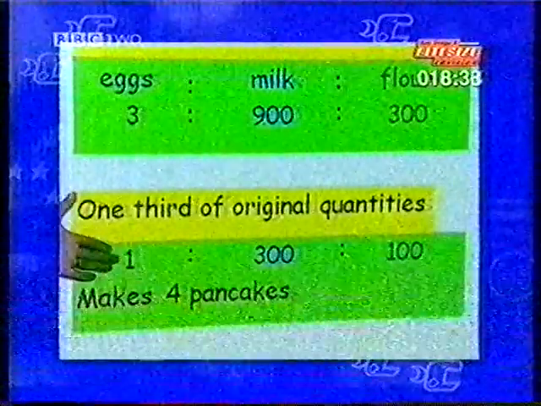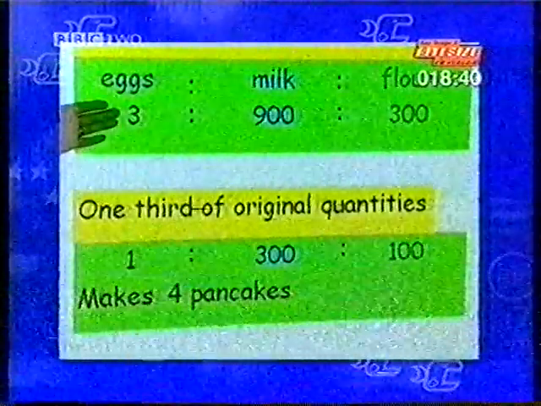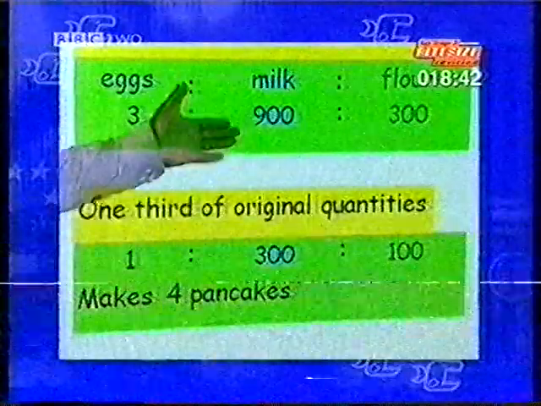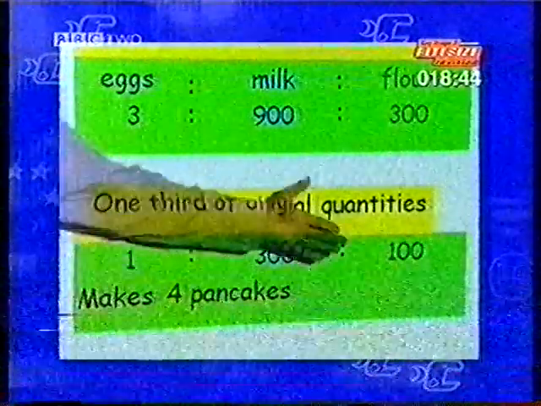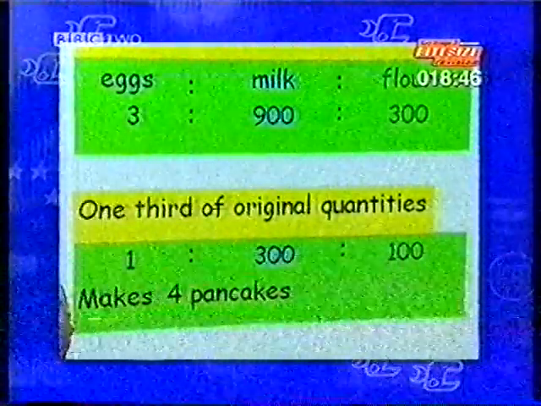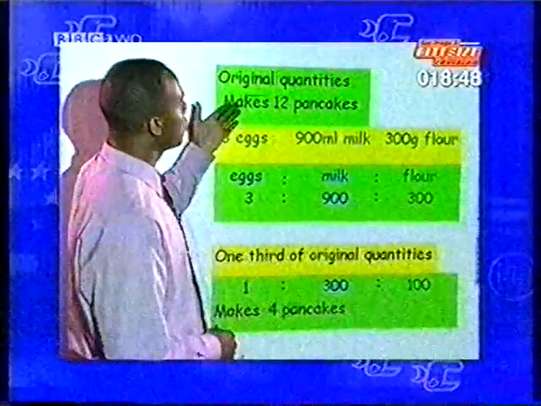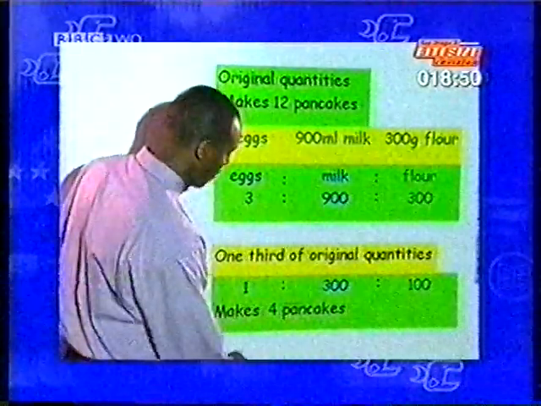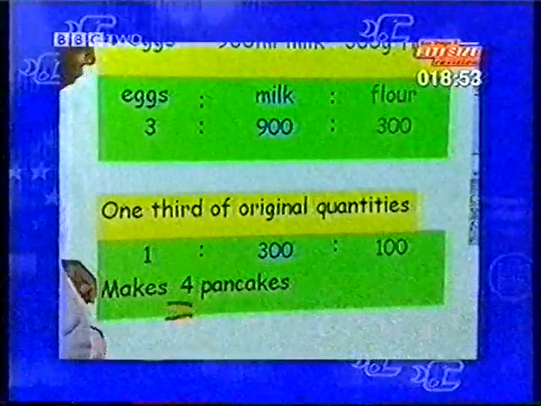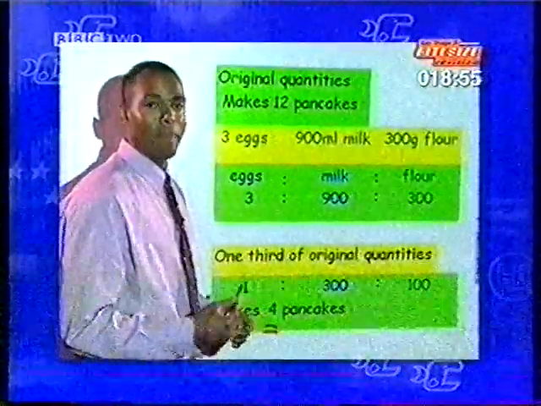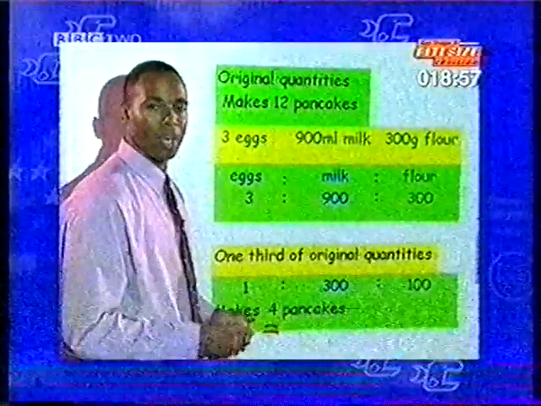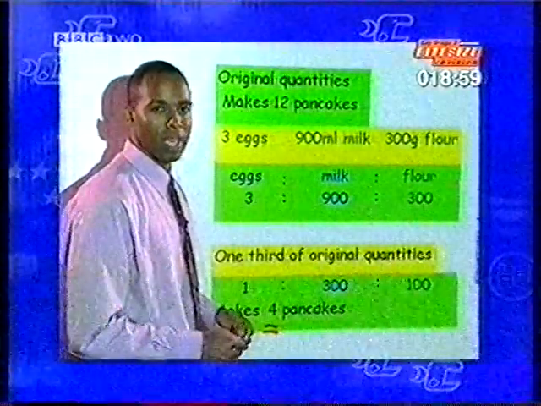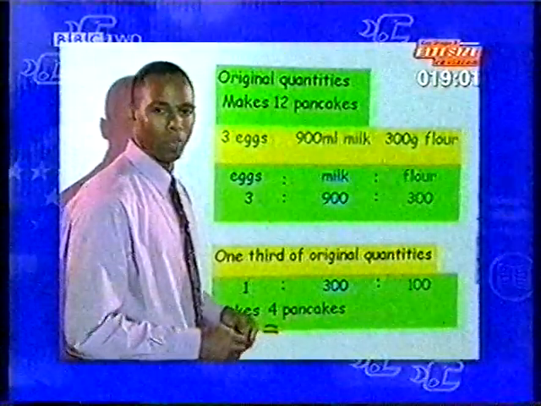So we'll have 1 instead of 3, 300 instead of 900, and 100 instead of 300. So instead of our original 12 pancakes, we will actually make 4 pancakes. Remembering, of course, as long as we keep the relative proportions of each ingredient the same, our recipe still works.